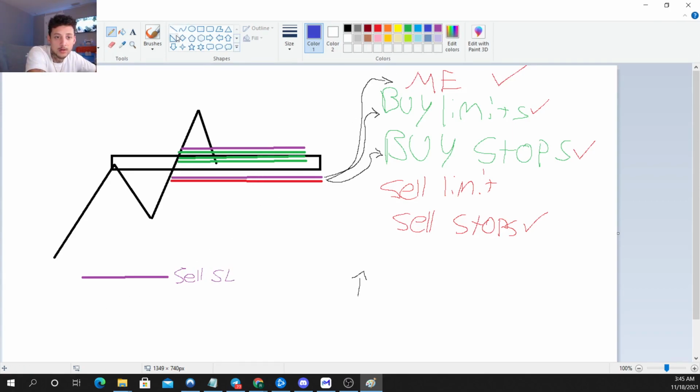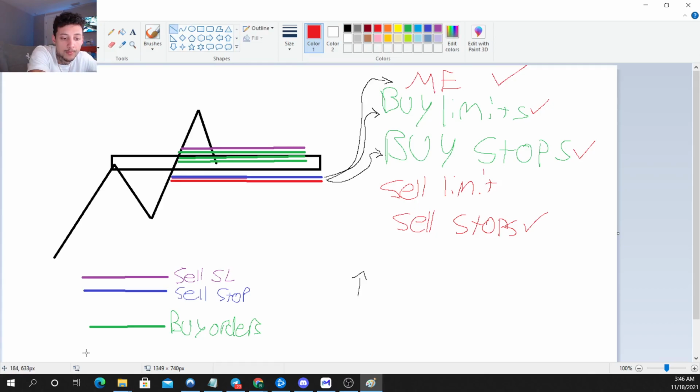Blue is going to be our sell stop, and then green we're going to have our buy orders, and then red is going to be our buy stop loss, right?